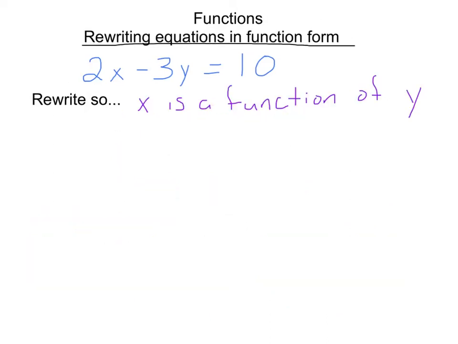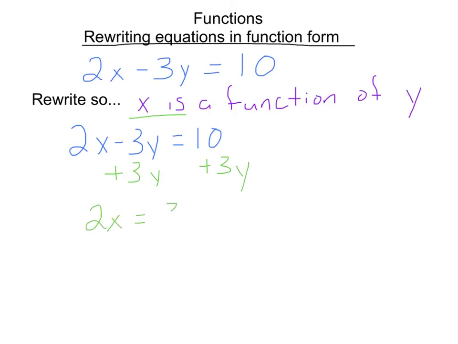In this example, we're going to rewrite our equation so that x is a function of y. Now this time around we have "x is," so we want to get it into the form x equals, which means we are solving for x. To solve for x, we're going to move everything else to the other side, starting with addition or subtraction. So we add our 3y to both sides so that we get 2x equals 3y plus 10.